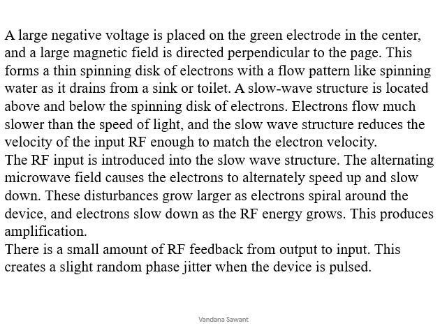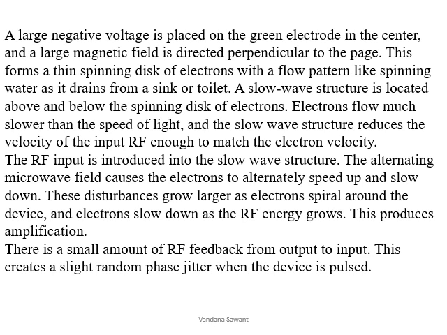Because of the large electric field and large magnetic field, electrons will take the path that I have already shown you in the diagram, and it will look like a spinning disk of electrons. This part of the electrons between the anode and cathode looks like a spinning disk with a flow pattern like spinning water as it drains from a sink or toilet.